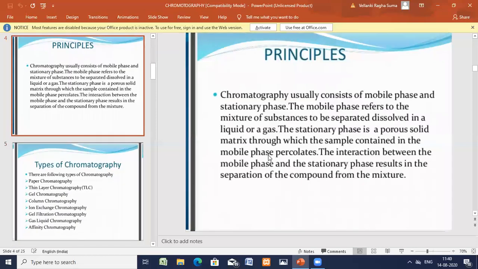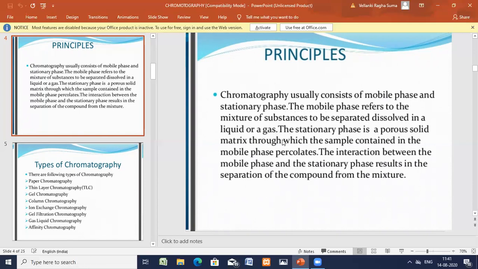Now, what is the principle behind this? Chromatography usually consists of a mobile phase and a stationary phase. The mobile phase refers to the mixture of substances to be separated, dissolved in a liquid or gas.